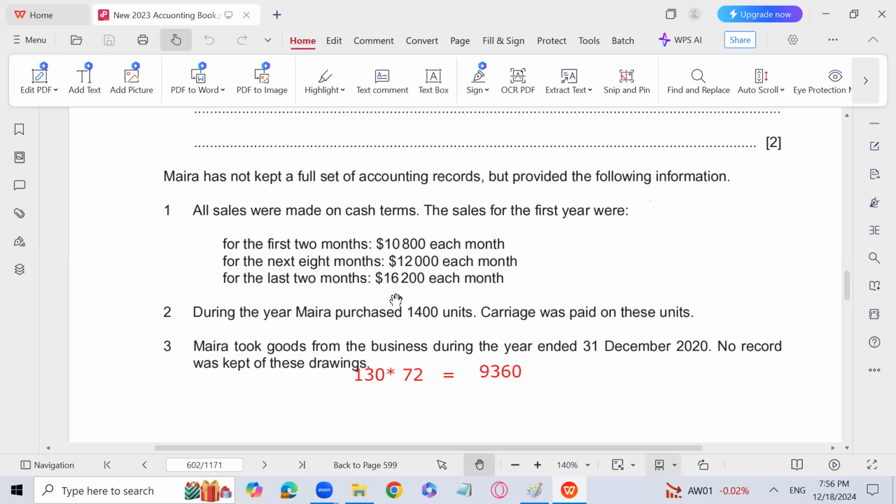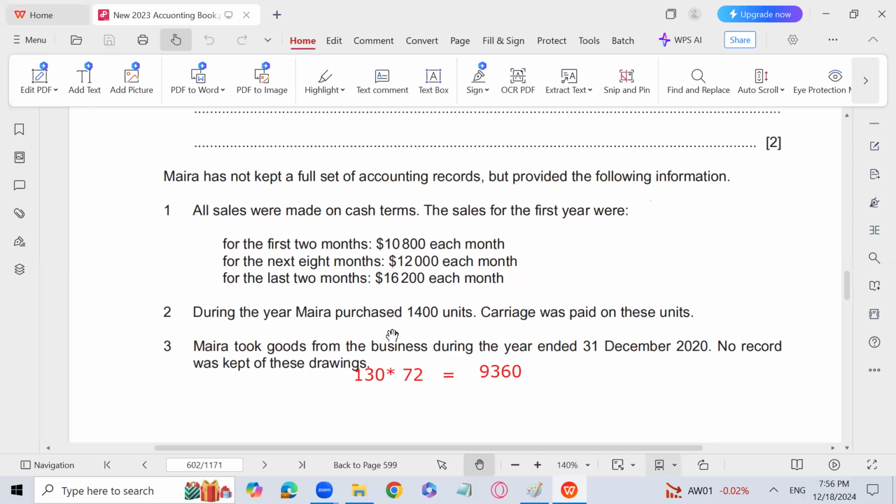Total sales is on cash, and the 12-month period is given: first 2, then 8, then 2. 2 plus 8 is 10, 10 plus 2 is 12 months. You will calculate the total sales easily by multiplying each month's sales by the number of months.